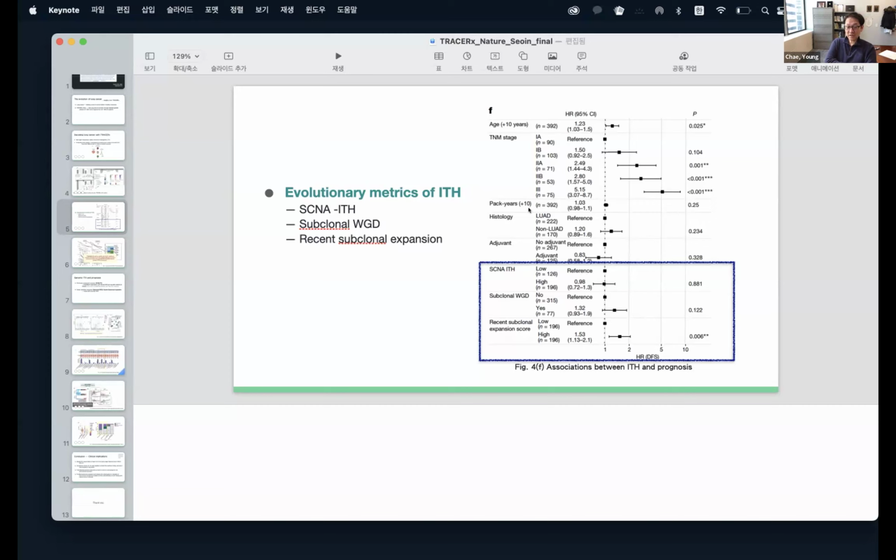How do you calculate subclonal WGD? How do you calculate the expansion score? I'm sure in the methods section they referenced how they did it. They don't necessarily explain everything in their paper, but they reference how they did it. But understanding that is really going to help you.